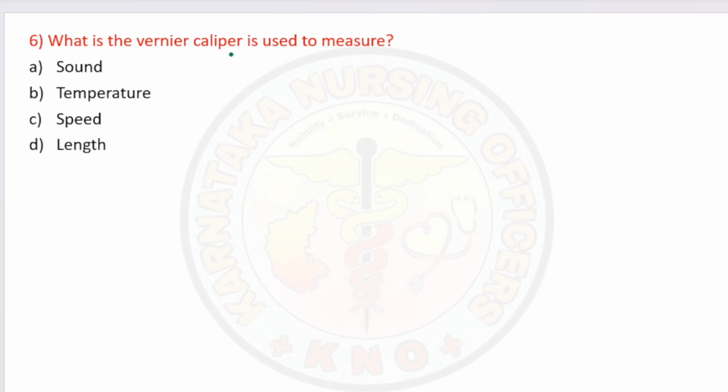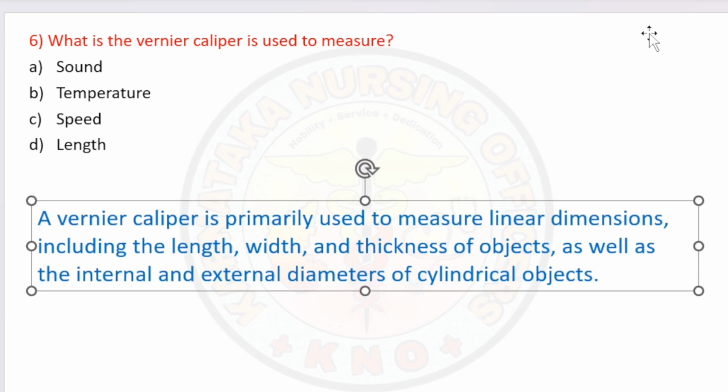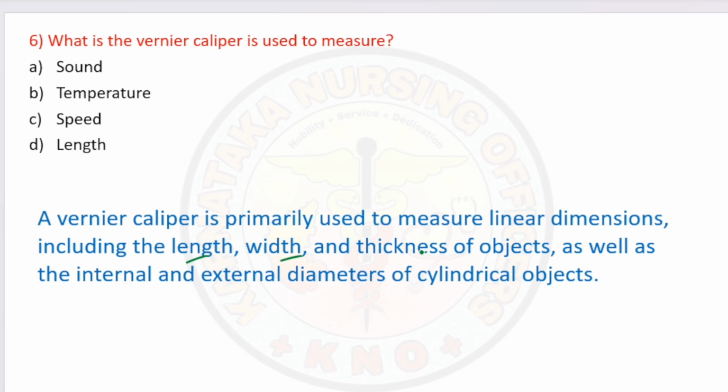What is the vernier caliper used to measure? Option A sound, option B temperature, option C speed, and option D length. A vernier caliper is an instrument primarily used to measure linear dimensions like length, width, and thickness of objects, as well as the internal and external diameters of cylindrical objects.